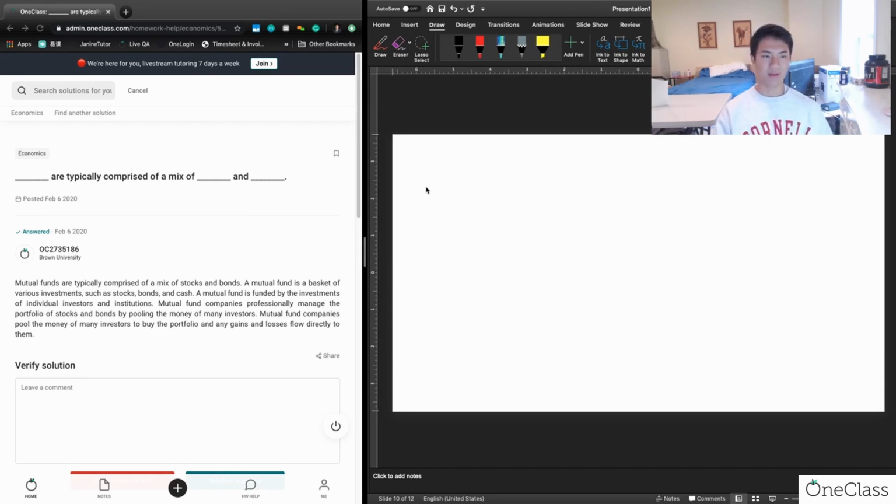You might have something like some sort of portfolio is typically comprised of a mix of stocks and maybe bonds or treasury notes and something like that, right? So we'll take a look at answer choices, look at the previous answer to see what they put.